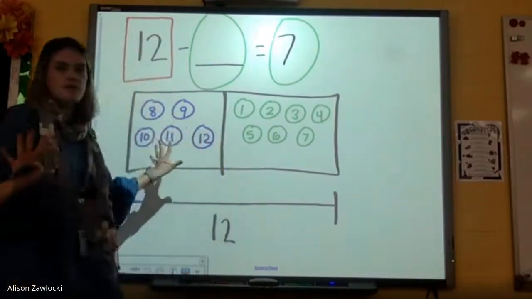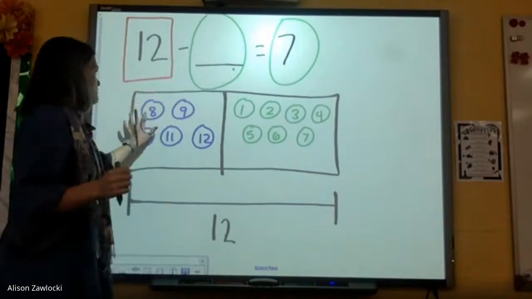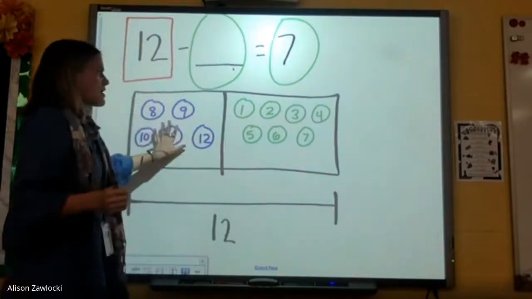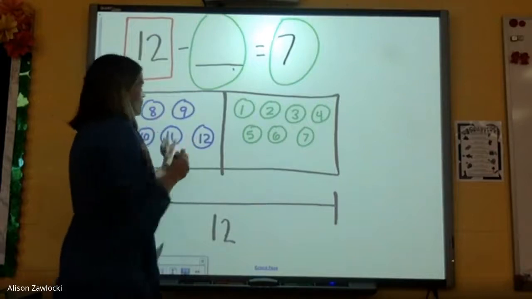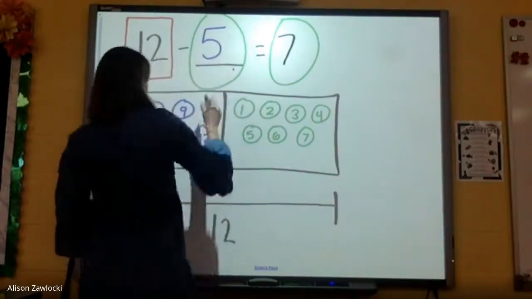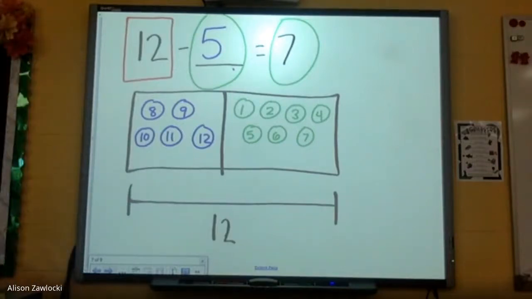Okay, I got to 12. I'm going to stop now. I'm going to find this addend, my missing one, by counting how many I have on this side right here. 1, 2, 3, 4, 5. 12 take away 5 equals 7. Great job, boys and girls.